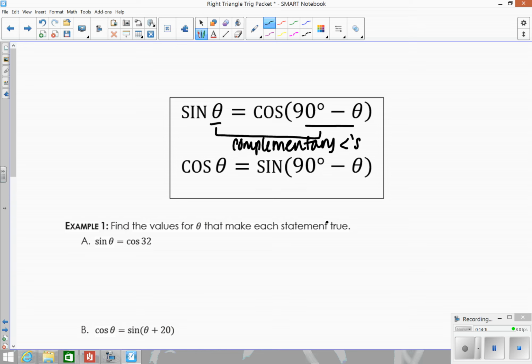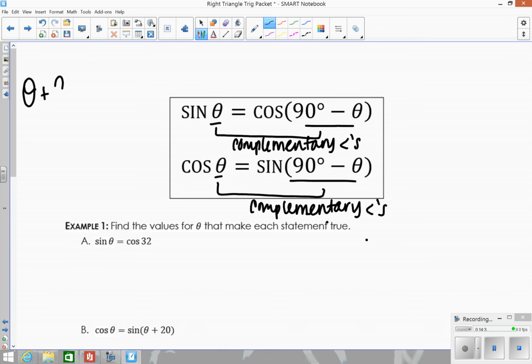The reason why those are complementary is because if you add those, they add to 90. So let me show you. If I take theta and I add 90 minus theta to it, what happens is these cancel, you're left with 90 degrees, which is why this and this are complementary, because they add to 90.